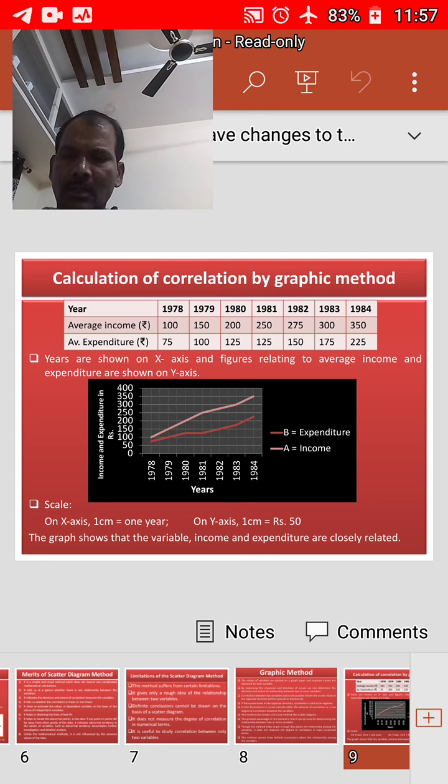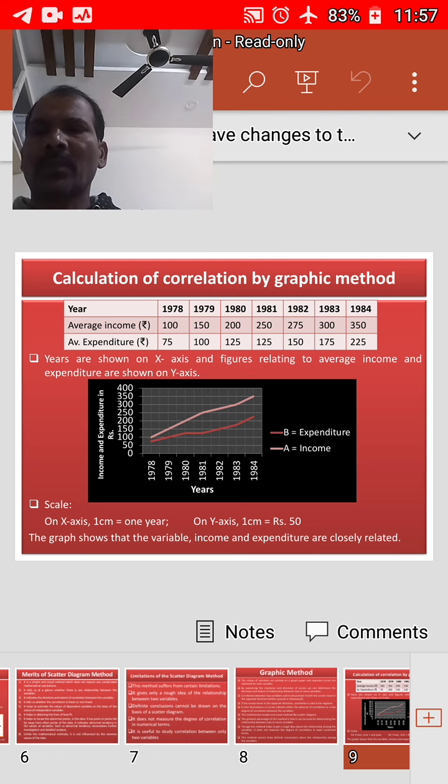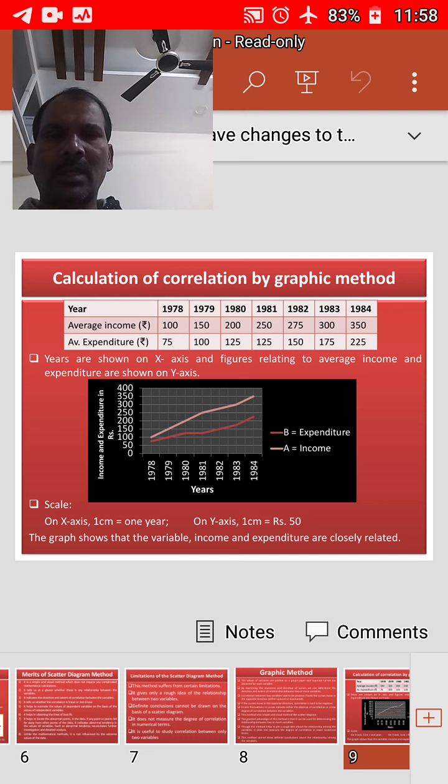If you draw the graph lines and look at the PPT, you will come to know that curve A is income and curve B, in red, is expenditure. The income curve is above, and the curve below is the expenditure curve. The scale is taken as 1 centimeter equal to 1 year on the x-axis, and 1 centimeter equal to 50 on the y-axis. The graph shows that the variables income and expenditure are closely related.